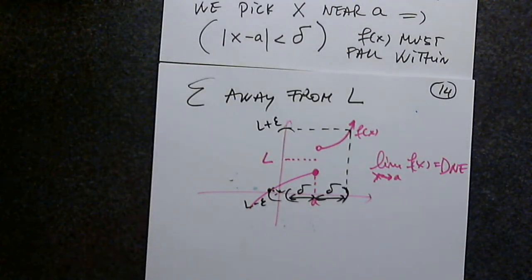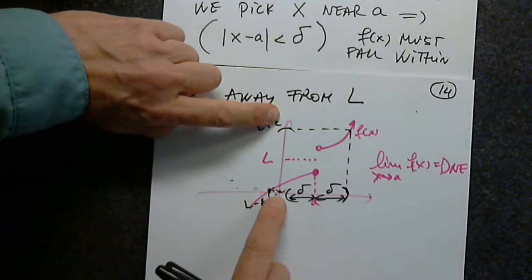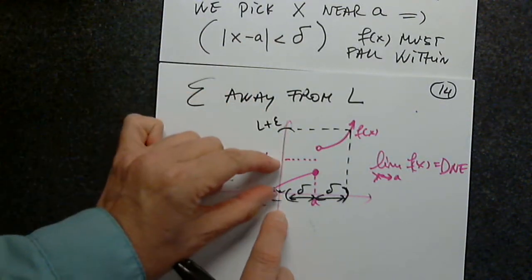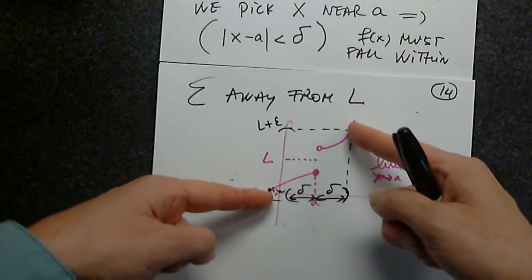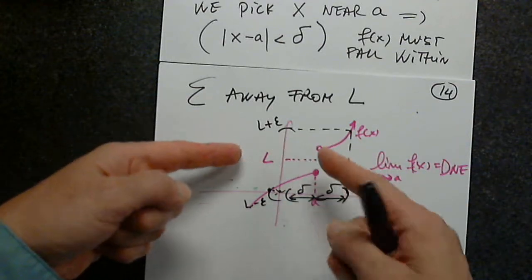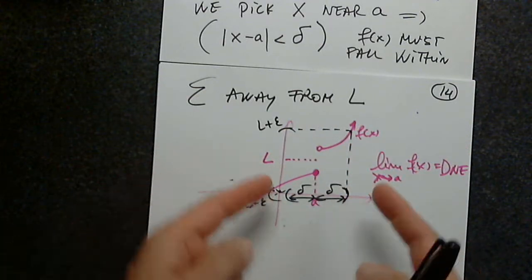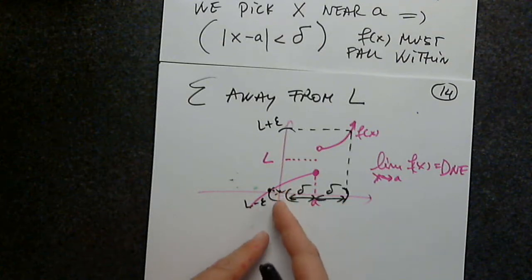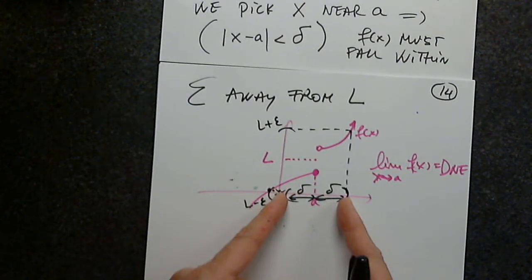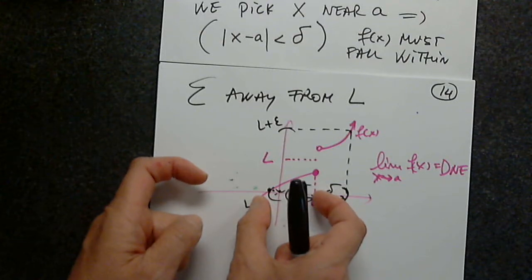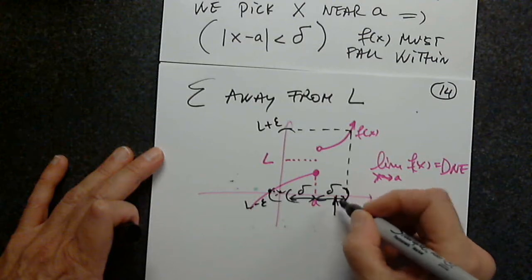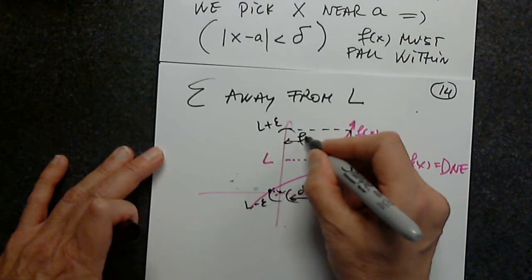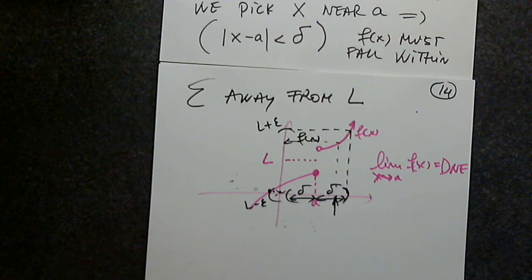How come the limit doesn't exist? I found an epsilon, L plus epsilon, L minus epsilon, and for this epsilon I found a corresponding delta. Of course, I have to choose the smallest, because if I choose this, then it will be outside. I measure these two, and I choose the smallest. And now, when I pick x, f of x will be within epsilon away from L. I claim that the limit exists.